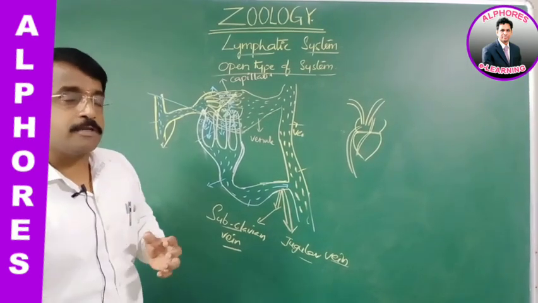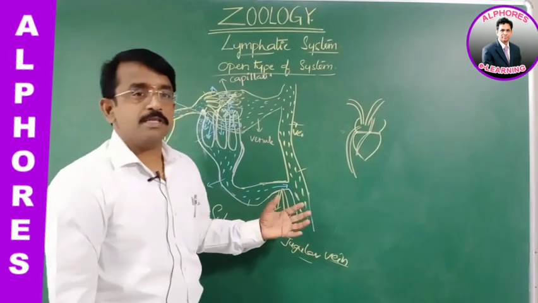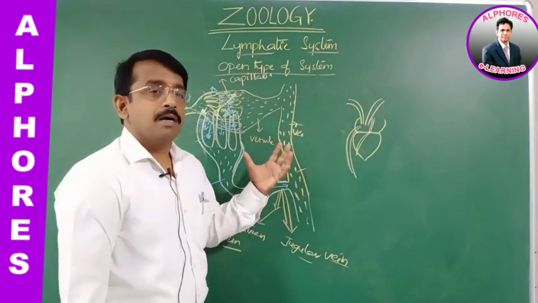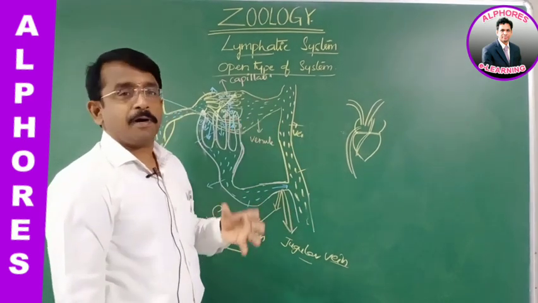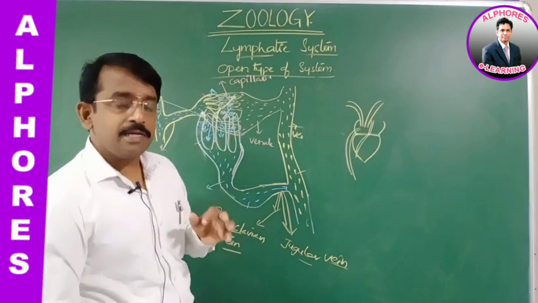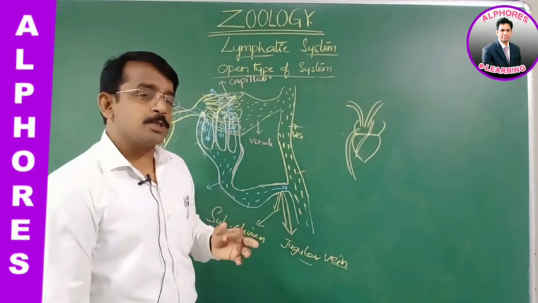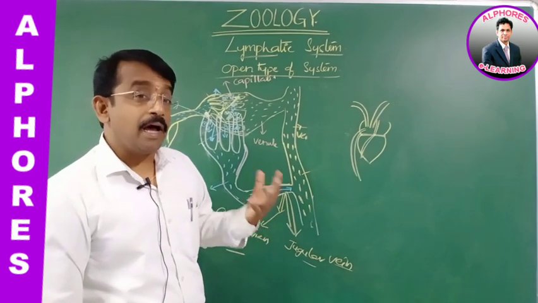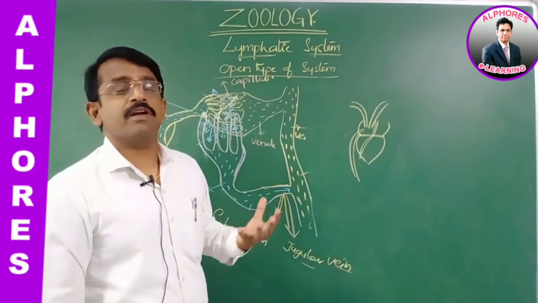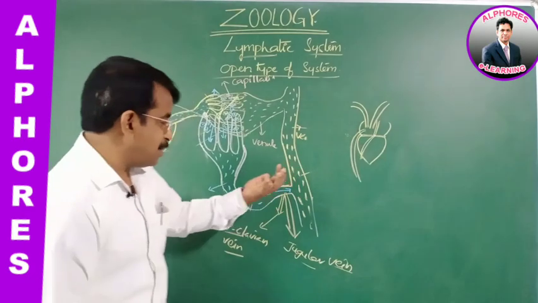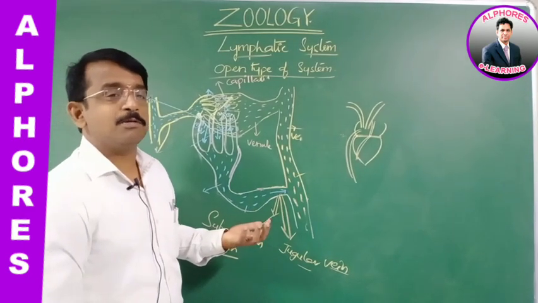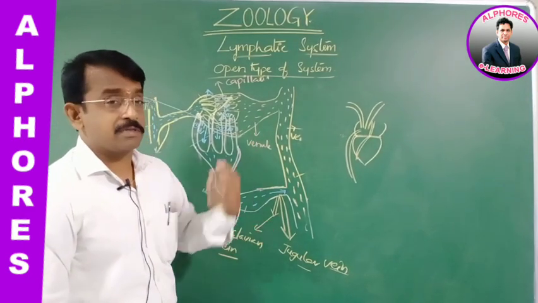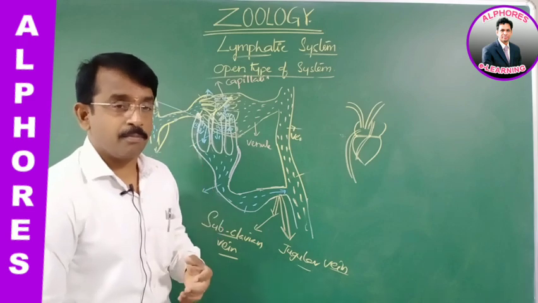What we have discussed is that the lymph collects fluid from different parts, and it includes the fat also. As fat is a large molecule and insoluble in water, it cannot enter into the blood. That's the reason it enters into the lymph capillaries, as we already discussed in the lacteals of the villi.